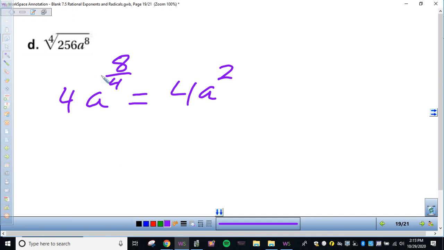Alright, question. Is that 2, or is that 2 squared because 8 fourths is 2? 8 divided by 4 is 2, exactly. Okay, what if it was like 12? So if it were this totally related but unrelated kind of problem, that would be 4a cubed, yeah. Okay, thank you.